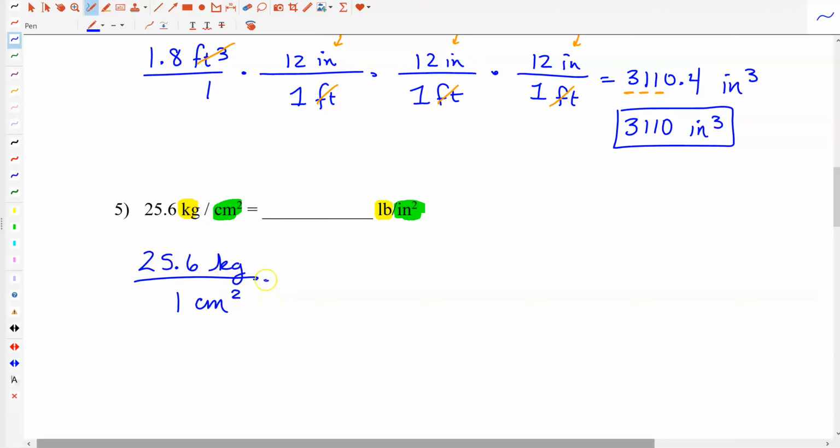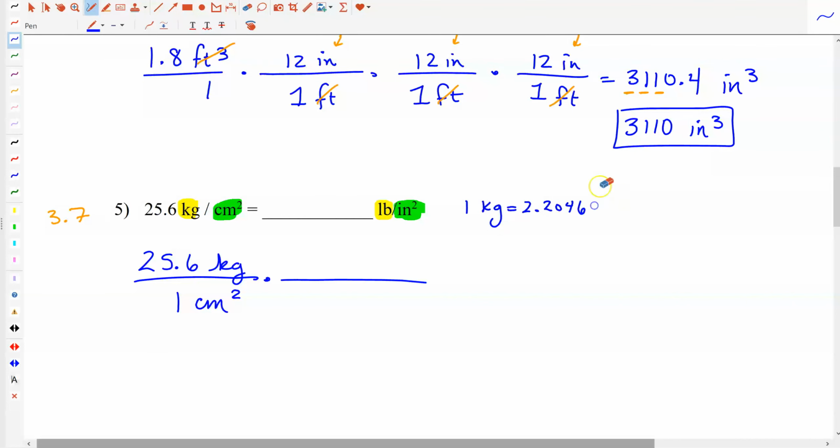I'm going to convert out my kilograms first. And if you had seen my earlier videos for this, by the way, this was a type of question that was explored in 3.7, Converting US to metric. The conversion factor I used was that 1 kilogram was equal to 2.2046 pounds.